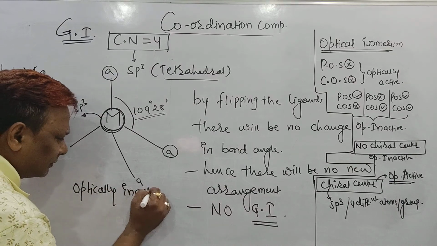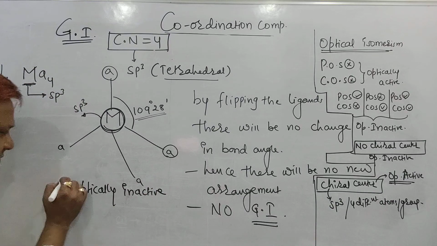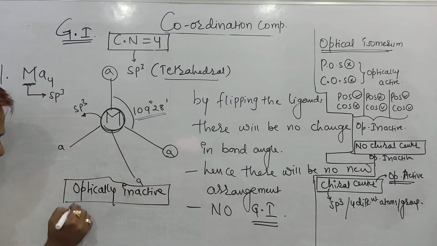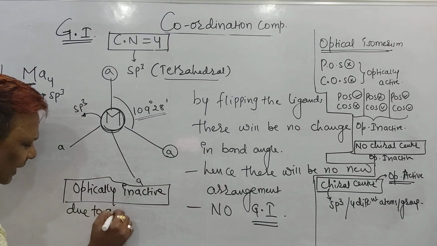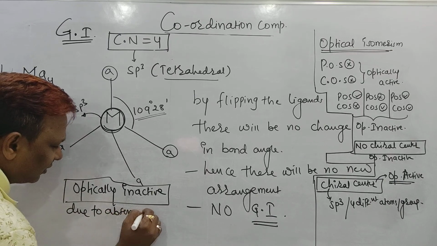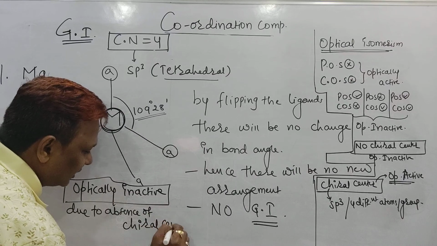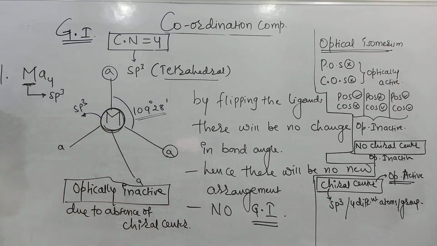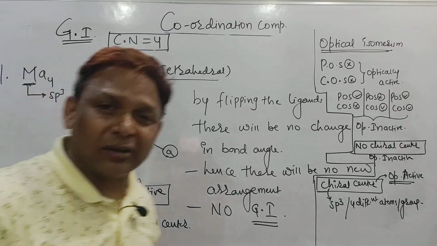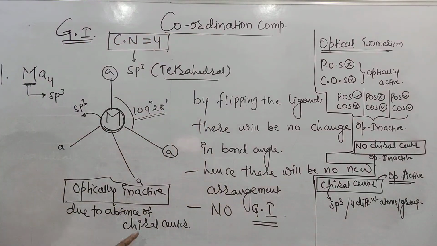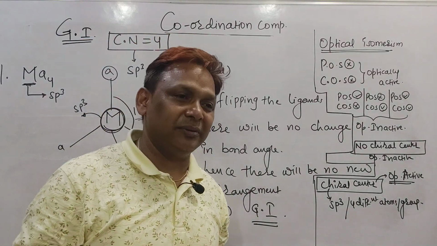But why is it optically inactive? You should say, sir, due to absence of chiral center. As the chiral center is not there, the compound becomes optically inactive. Is it clear?